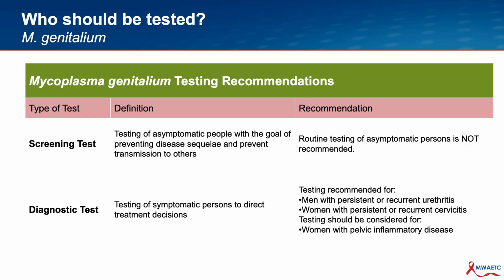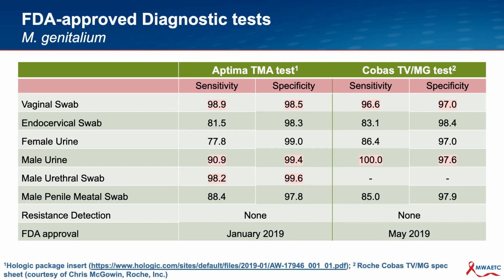And similarly, I think folks are moving towards testing people, at least with pelvic inflammatory disease up front, if not with cervicitis, although we see that less commonly. One of the reasons to test up front for pelvic inflammatory disease is because the treatment would slightly differ if you knew you had M. genitalium. Also true for urethritis as well.